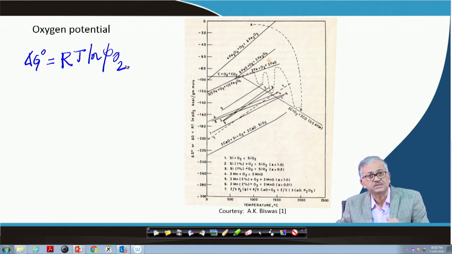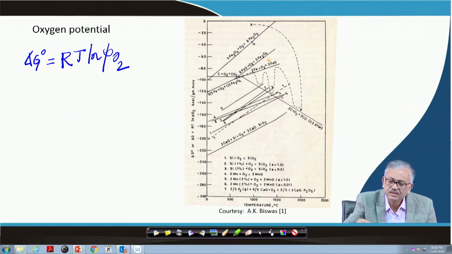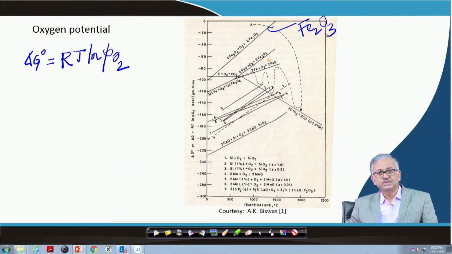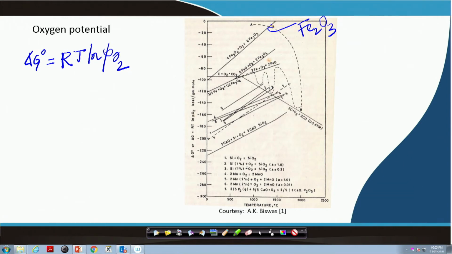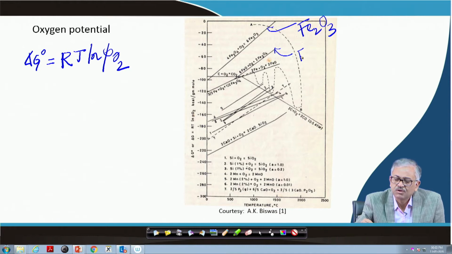and it is varying with the temperature. So, for example, this line gives you for the Fe2O3. So, the oxygen potential of Fe2O3 varies with temperature like this. This is the way it varies. And for Fe3O4, this is the oxygen potential of Fe3O4 and how it varies with temperature, and this is for the FeO.